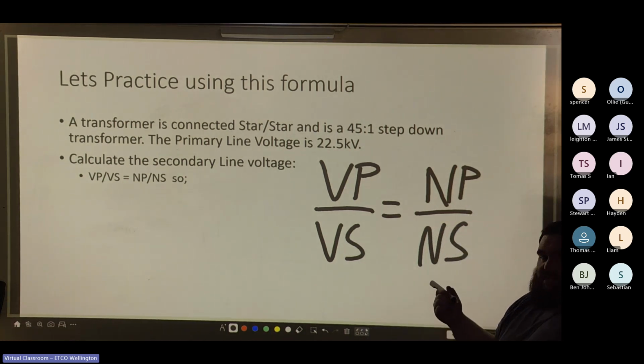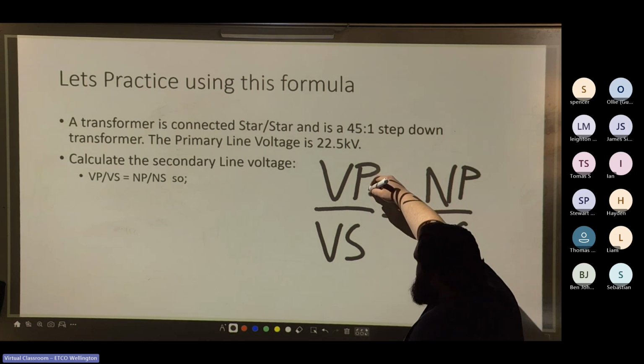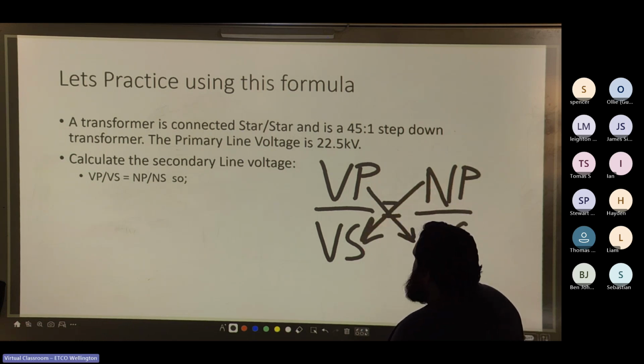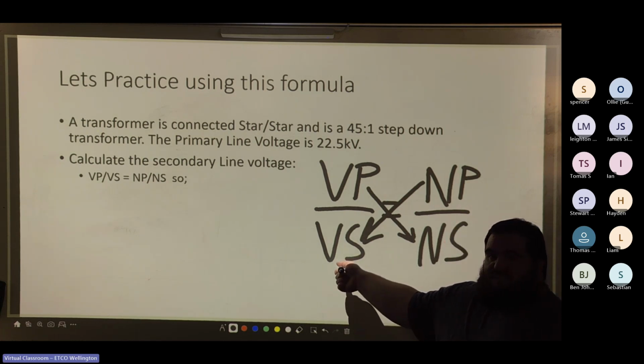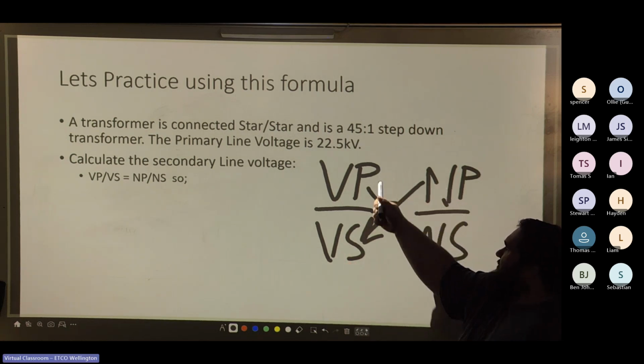Cool. So when we're dealing with fractions, we need to remember that we cross multiply. So you take your VP and times it by your NS, and you take your NP and you multiply it by your VS. We don't know what our voltage secondary is. We know what our voltage primary is, and we know the number of turns in the secondary and primary. So if we assume this is 1, we can multiply that by the number of primary and get 45.